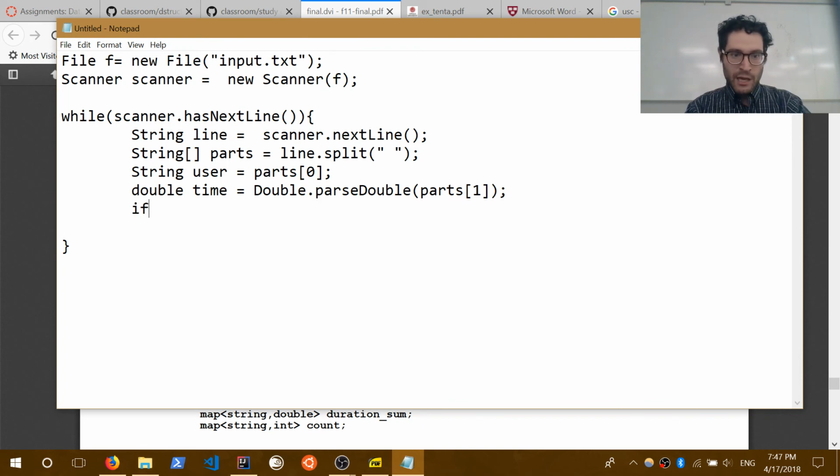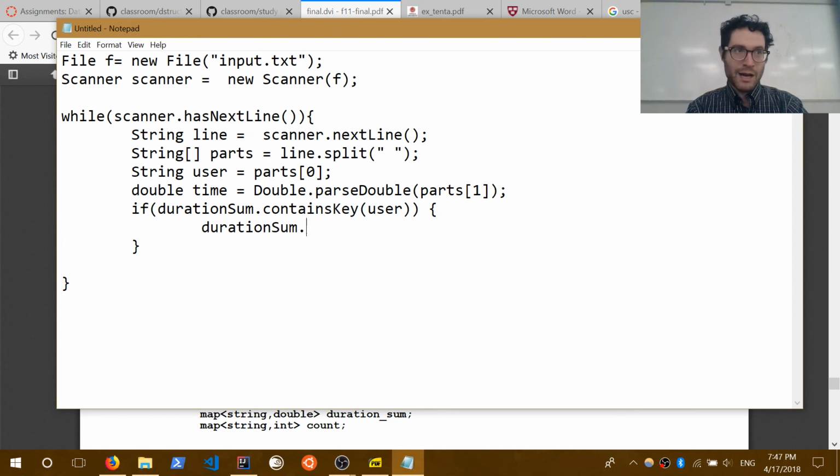So if durationSum.containsKey, in other words, we're asking, have we seen this user before? If so, then we want to add the amount of time we've seen this user.